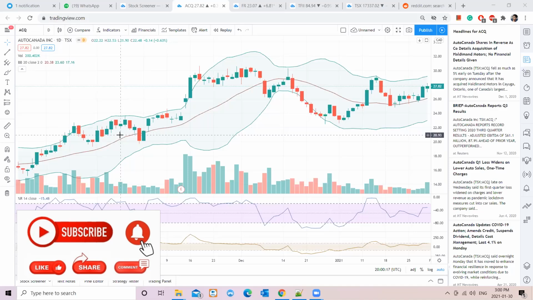Much lower down. This is now your next support. So if 23 gets violated, your support is at 20. Because the price is bouncing back from it. It is coming here, touching and bouncing back.